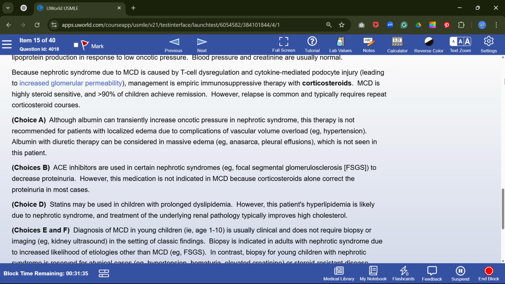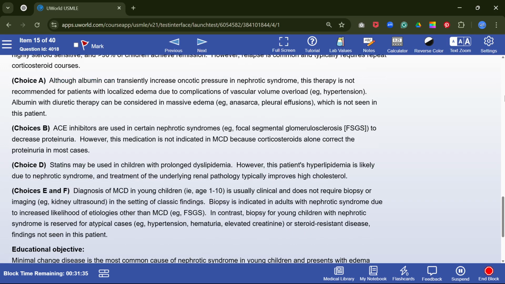Albumin with diuretic therapy can be considered in massive edema, anasarca, or pleural effusion, which is not seen in this patient.